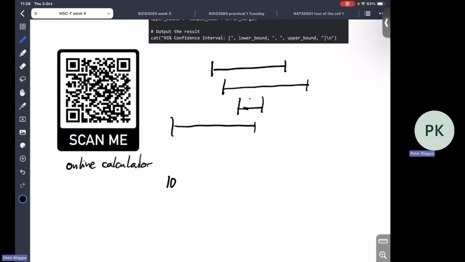We take 100 samples and 100 confidence intervals, because for each sample, we can calculate a confidence interval. So that is what it might look like.